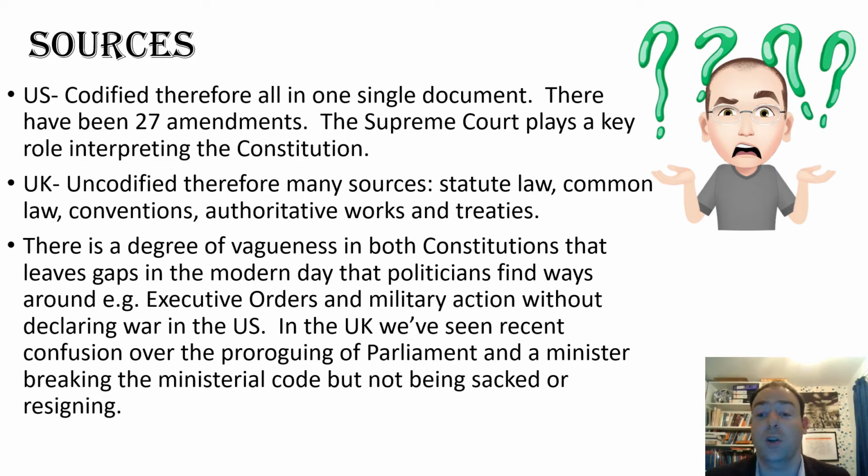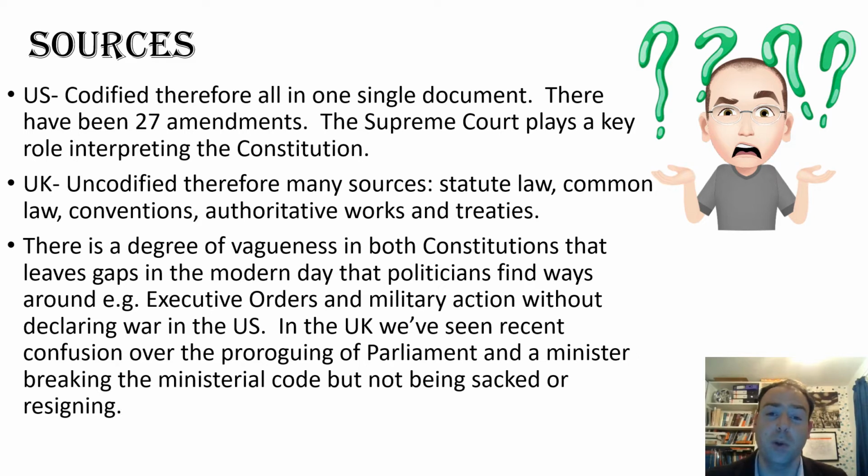So the sources of the Constitution are very different as well. Again, it's simple with the US Constitution, it's codified, therefore it's all in one single document. There have been 27 amendments, so if you get the Constitution and the 27 amendments, you've pretty much got almost all the story in terms of the US Constitution.